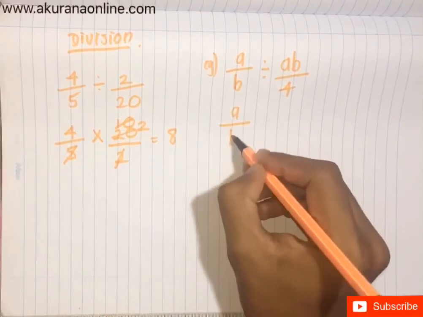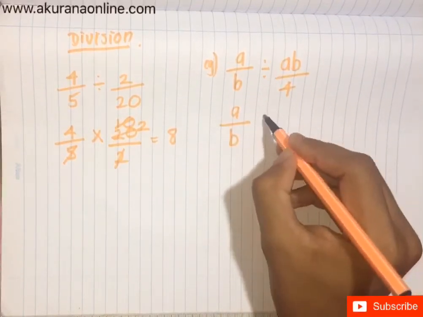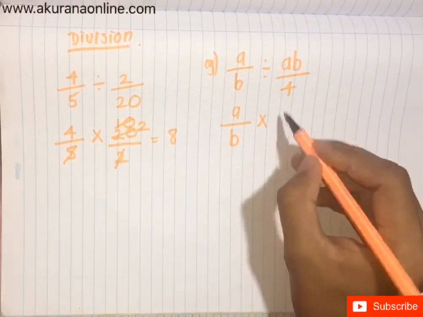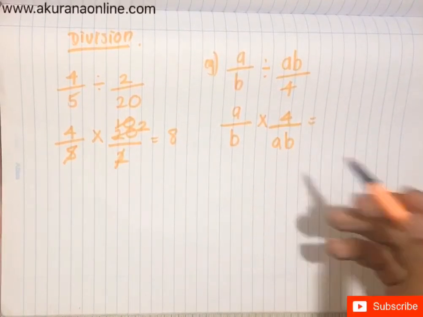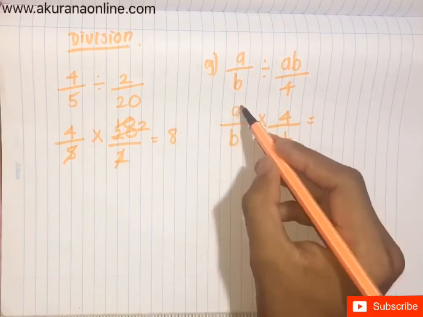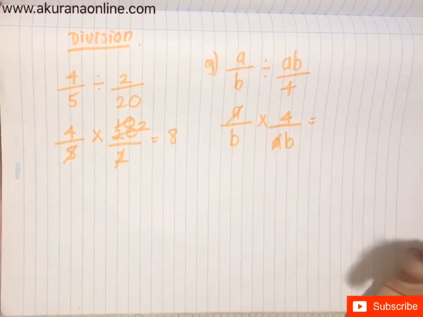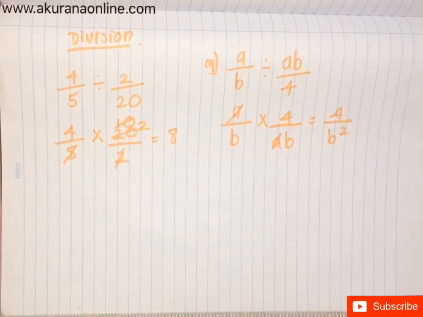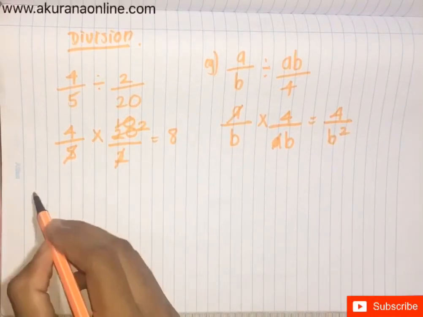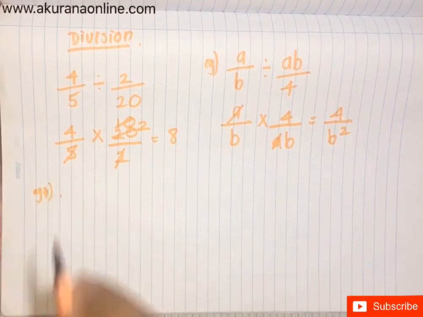You first write the first fraction. You cannot solve division, therefore you change it into multiplication. Write the reciprocal, that is ab. Now factorize. If you can cancel the common terms, here you have an a. That's all, right? Therefore you have 4 over b squared. Clear? Okay.